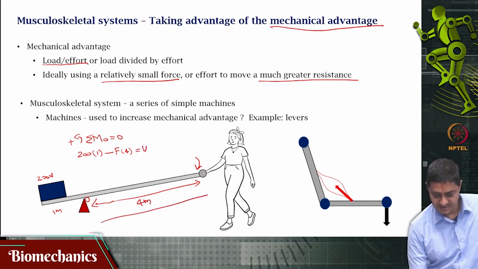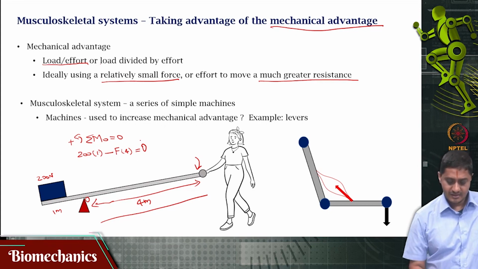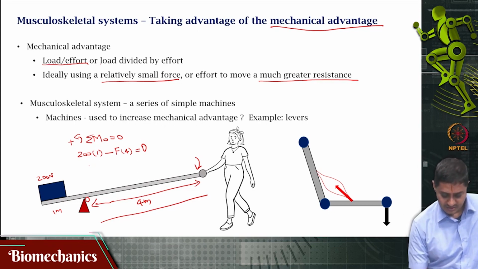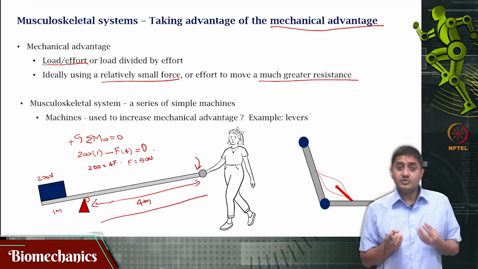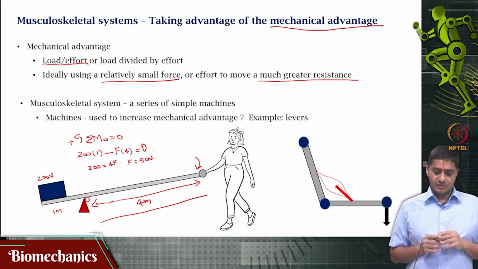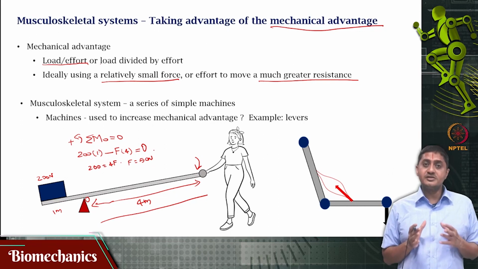So that is 0, right. So that means 200 is 4F, or the F that this lady is producing to keep this object in equilibrium is 50 newtons. So 50 Newton force is sufficient to overcome a 200 Newton weight.